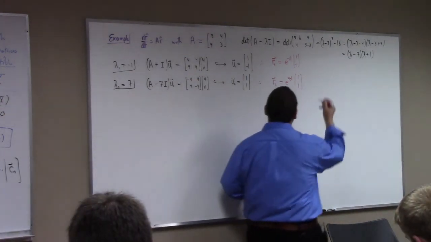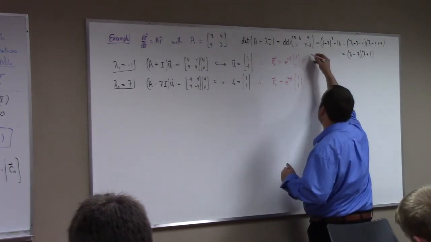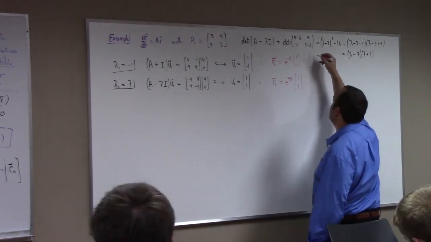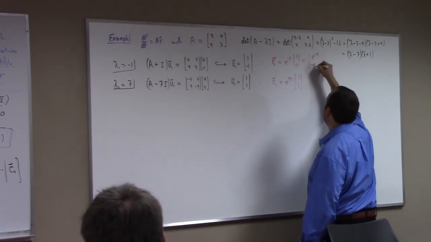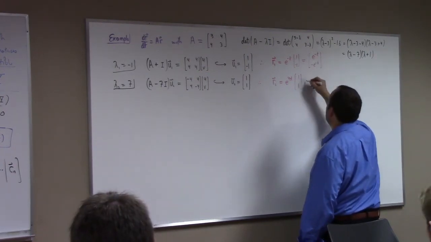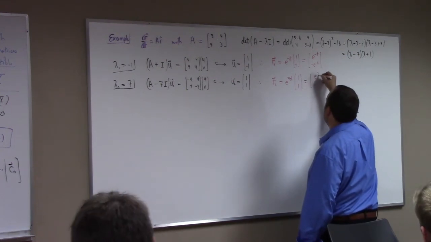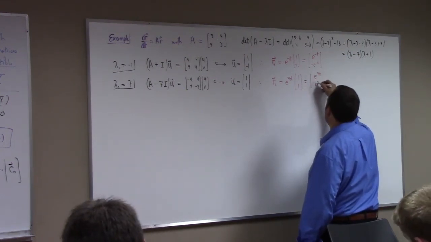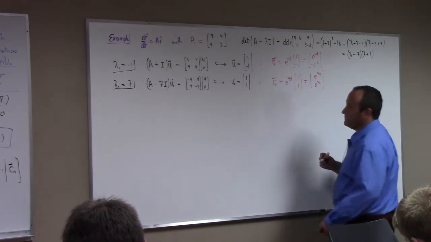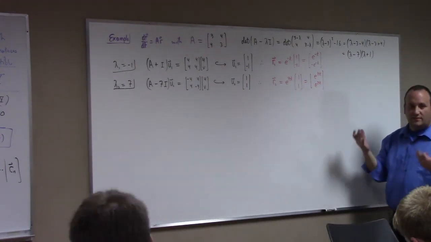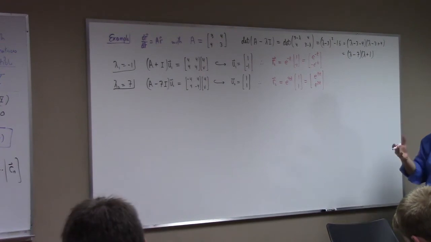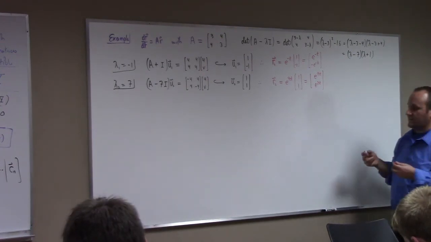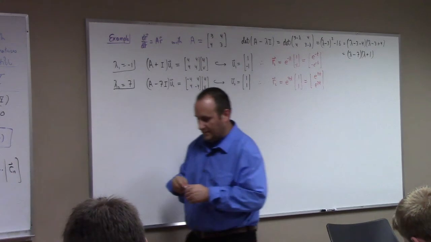All right, so look at that. That's what red's supposed to look like, sort of. e to the minus t, minus e to the minus t, right? And this one is just e to the 7t, e to the 7t. So these are my fundamental solutions, right? We can put them together to make the fundamental solution matrix, which I called X. What is that then?